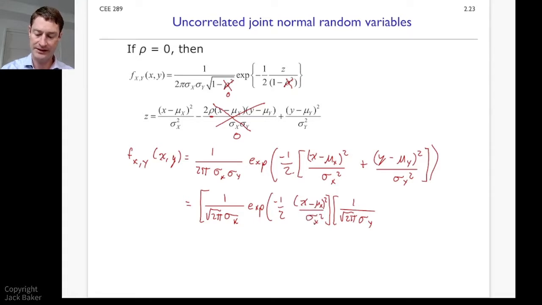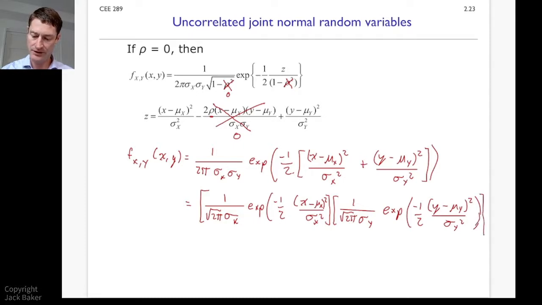So that's all my x stuff. And then in the back, I'll have an e to the minus 1/2 y minus mean of y squared divided by sigma y squared.